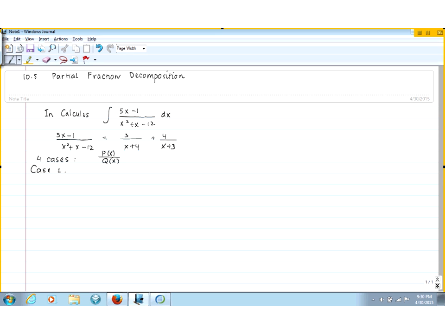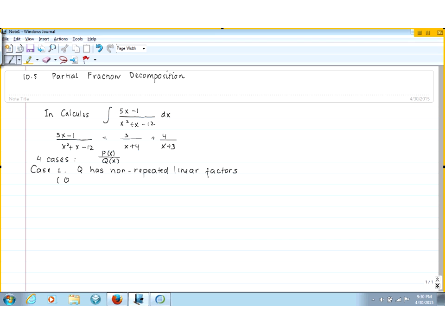P of x is the numerator, Q of x is the denominator. So case 1: Q has non-repeated linear factors.